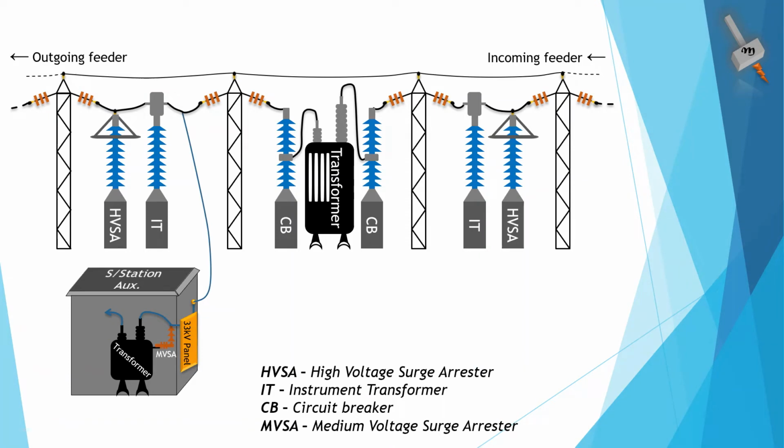Protection systems comprise a lot of equipment: the sensing systems like instrument transformers, the actuation systems like relays, fault clearing equipment like circuit breakers, and surge suppression systems like lightning arrestors.